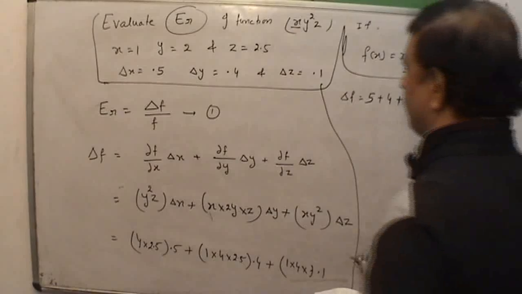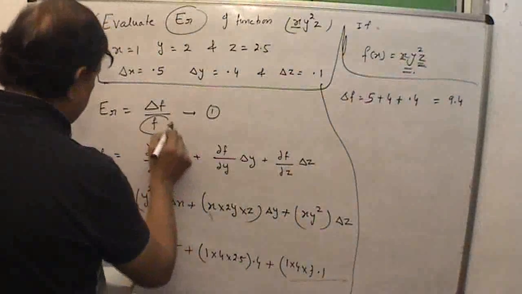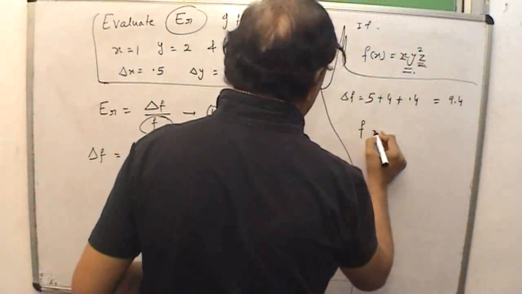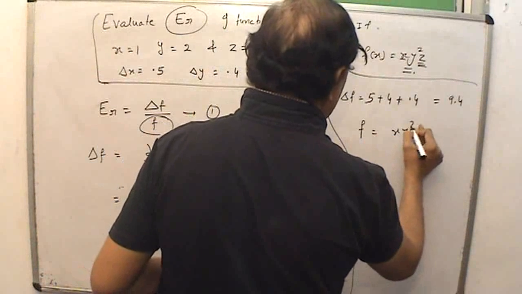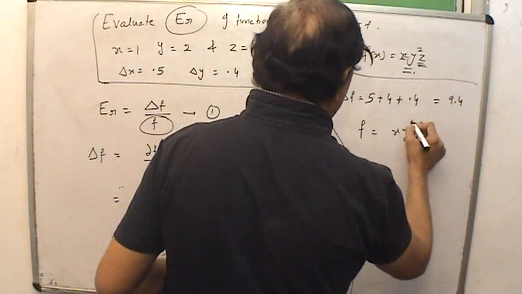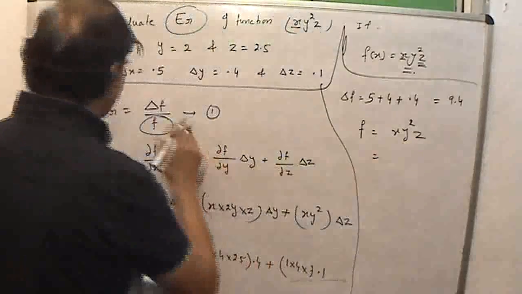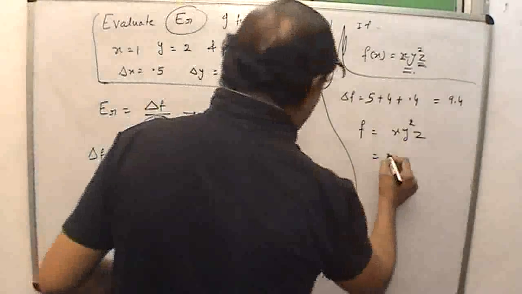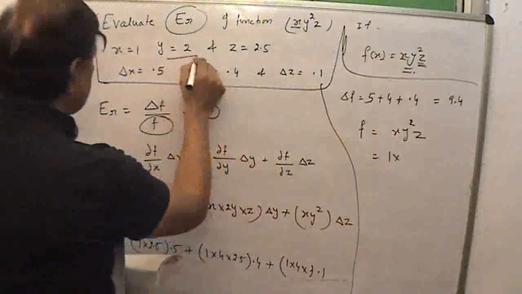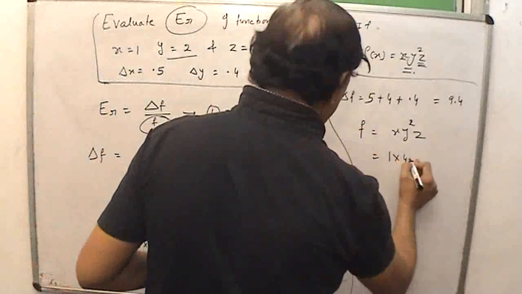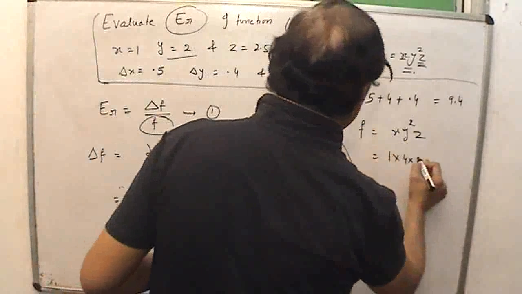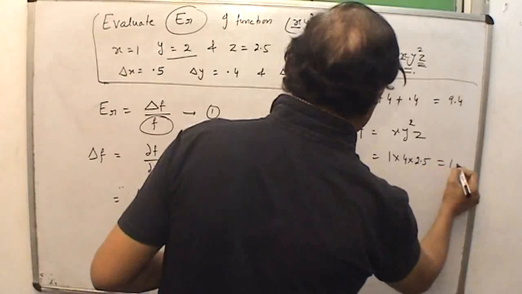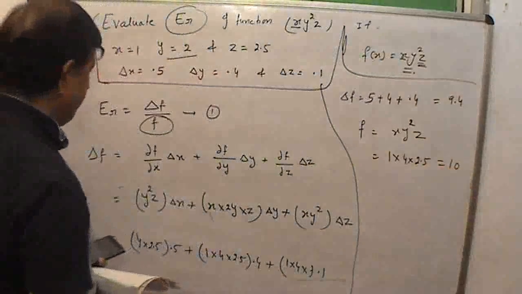It is delta f. Now, what is f? F is the given function x y square z. We can calculate it by putting in the values. Here x is equal to 1, into y is 2, 2 square means 4, and z means 2.5, and that comes to be 10.